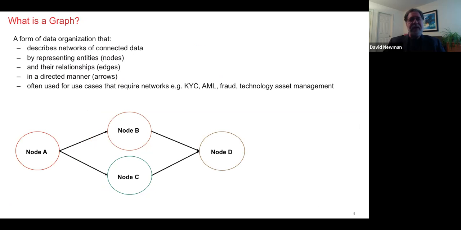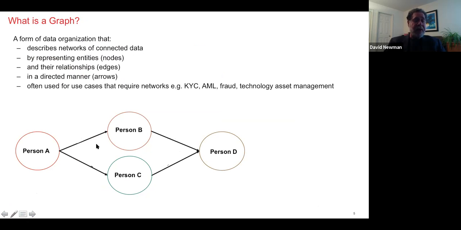So a graph is a unique form of data organization that describes networks of connected data. So we can look at this example here of a network or a graph, which is reflected with nodes connected to other nodes by these lines, which we call edges. These are connectors.